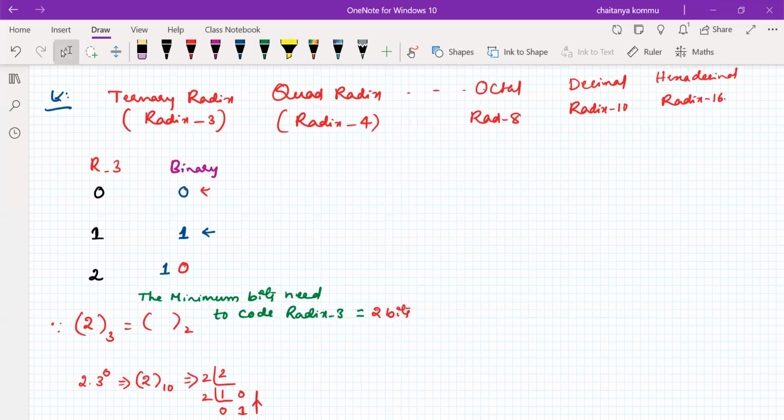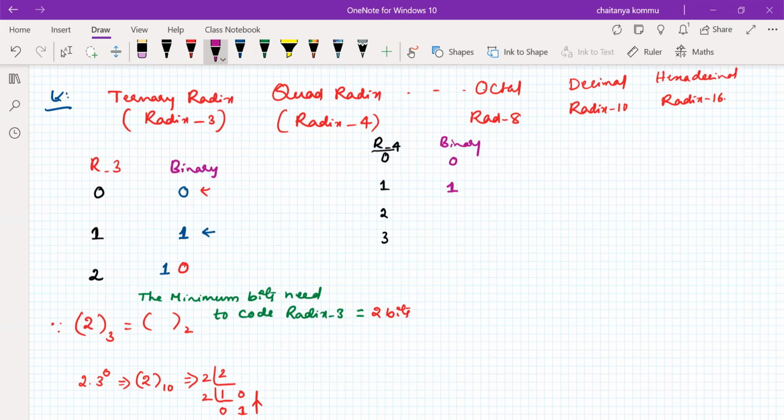Next, for example, I have 0, 1, 2, 3 here. So four digits are there. If you want to do it in binary, so we want to convert to binary. So it is actually radix 4, as we know. In radix 4, what values can we get here? 0 is 0, one possibility. 1 means one possibility.